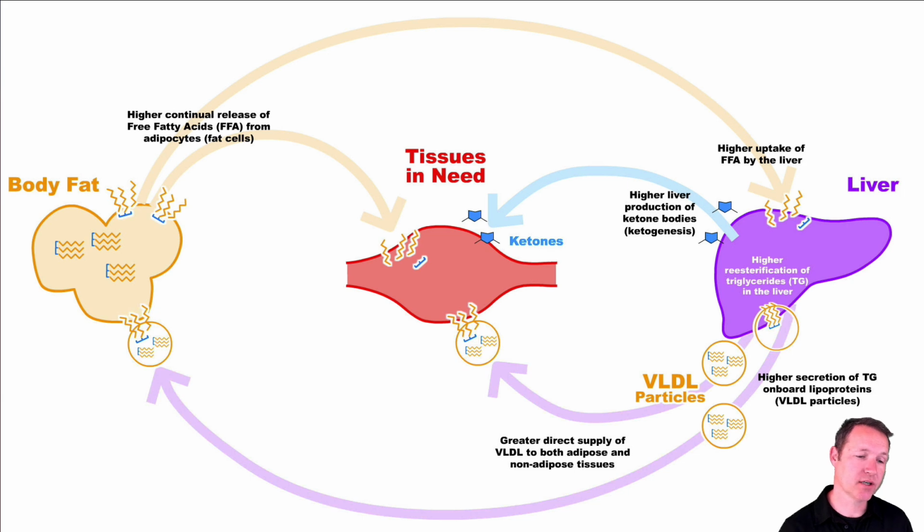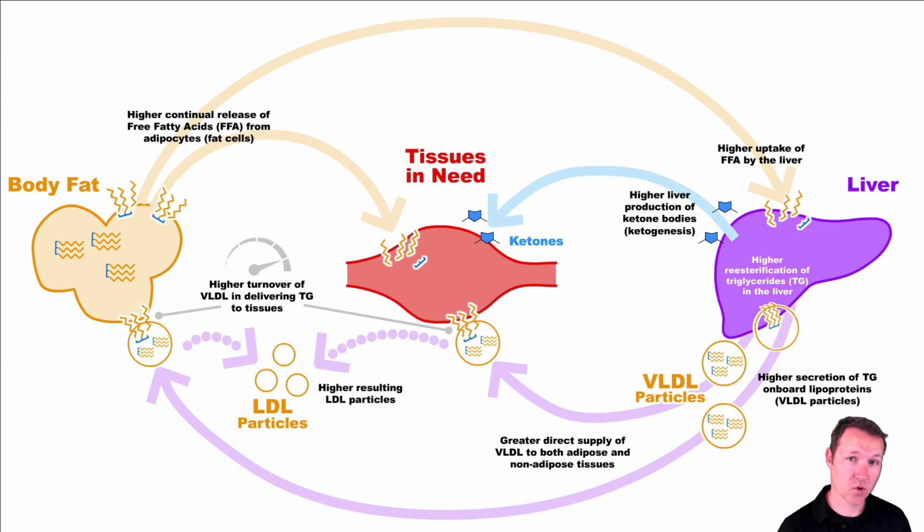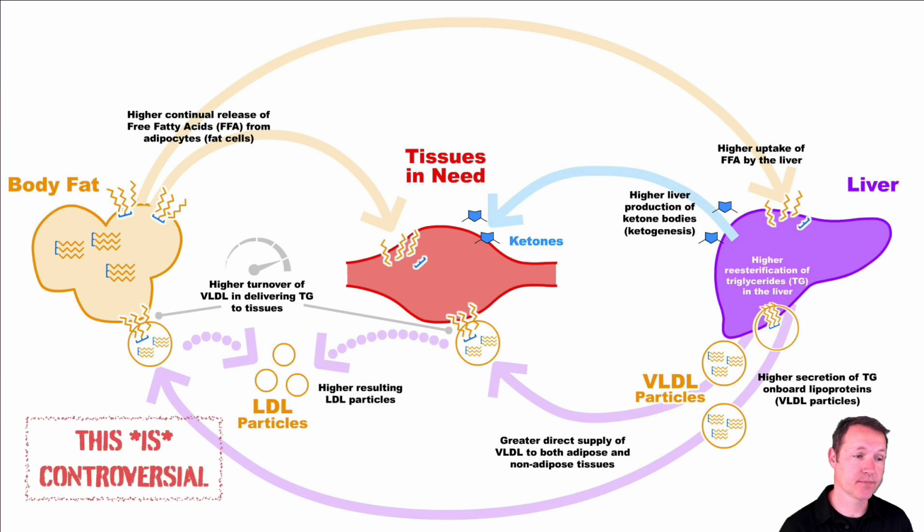This allows for a greater direct supply of VLDL to both adipose and non-adipose tissues. And here's the important part. There's now a higher turnover of VLDL in delivering these triglycerides to tissues. That, we posit, results in more LDL particles, and therefore more LDL cholesterol that's being detected in the bloodstream.